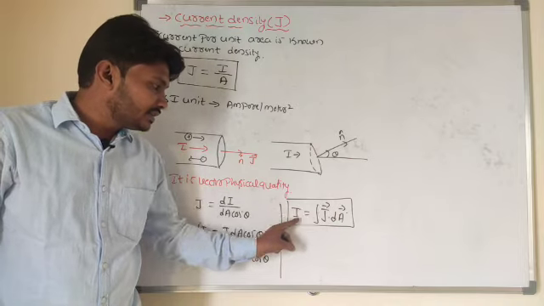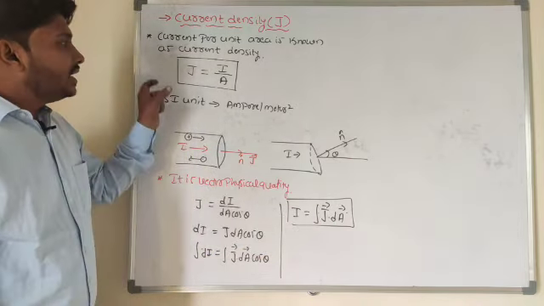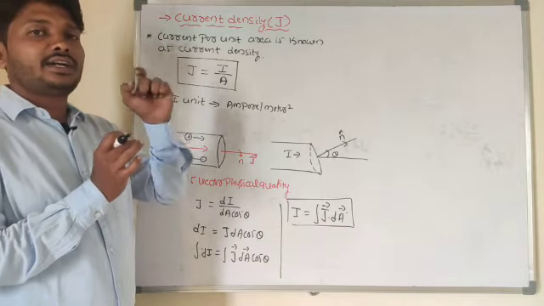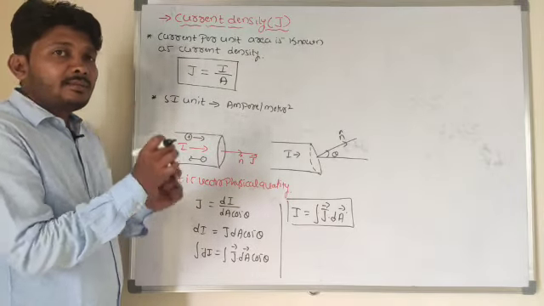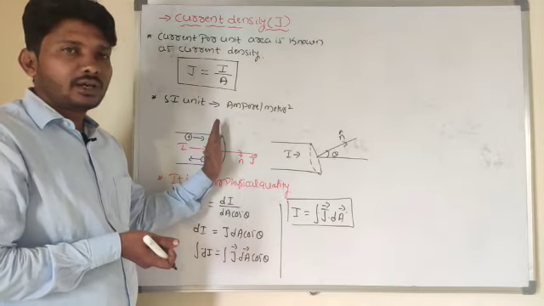So I is equal to what? The integration of J dot dA. I said that current density is a vector physical quantity. Why? Because current density describes how charges are flowing in a particular portion. For example, this is one particular portion.